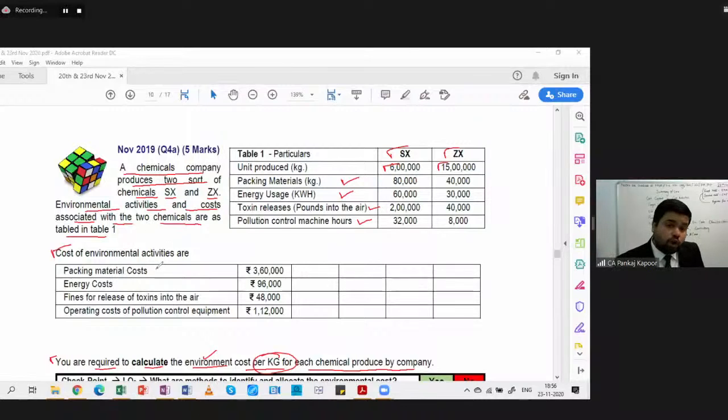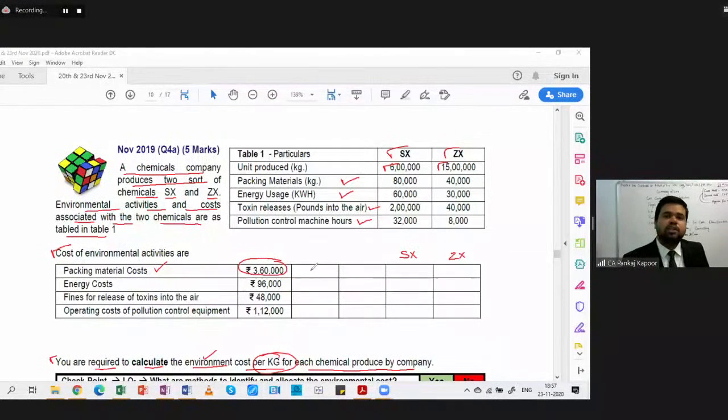Friends, the first cost given to us related to the environment is the packing material cost. Because it is a chemical, specific packing is required according to the nature of the chemical, so that there shall be no harm to the environment. Agreed? In order to allocate 3,60,000 between X and Z, what do we need to do?